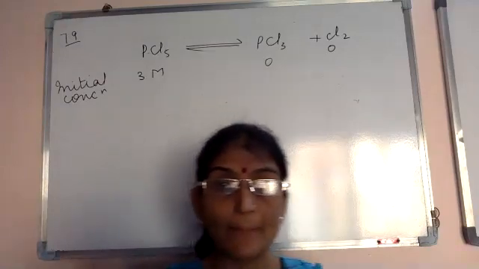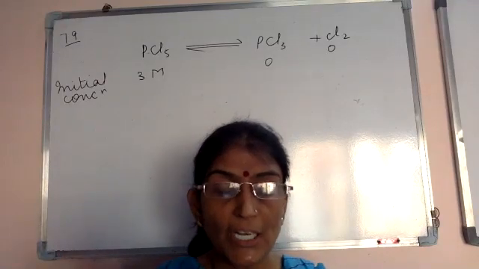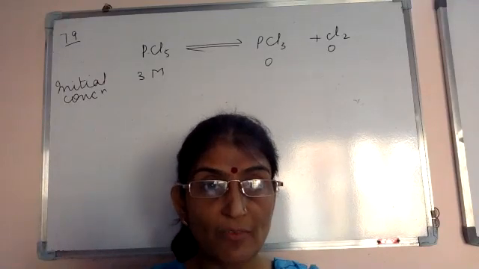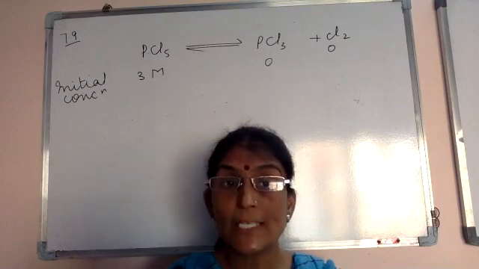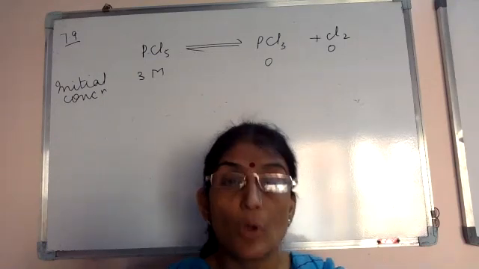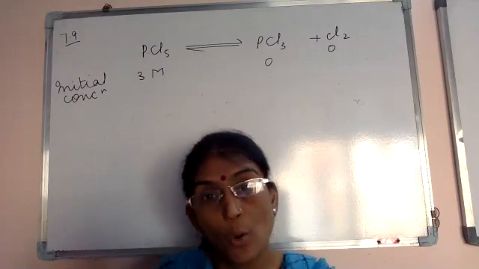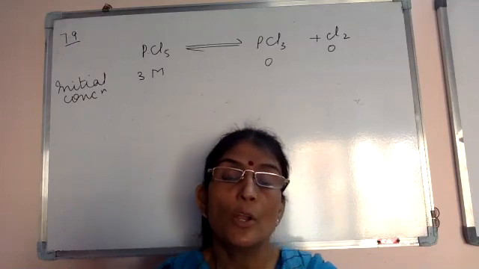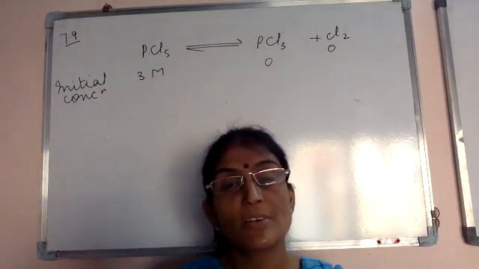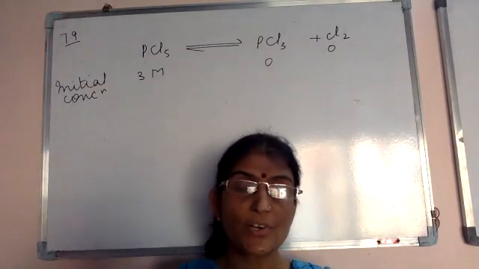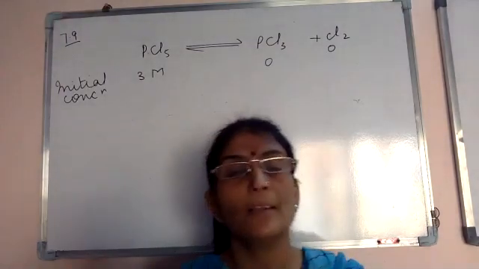Read the question twice and you will understand. Initially 3 moles of PCl5 taken in a 1 liter container. What does it mean? Concentration of PCl5 is given as 3 molar. Obviously, PCl3 and chlorine were not added, so what will their concentrations be? 0. So we have placed the initial concentration table. Now what will we write?